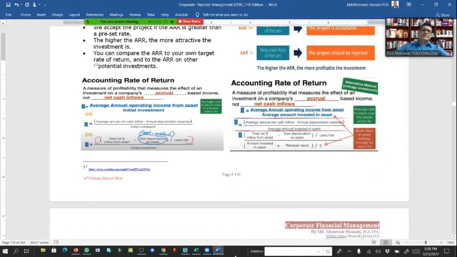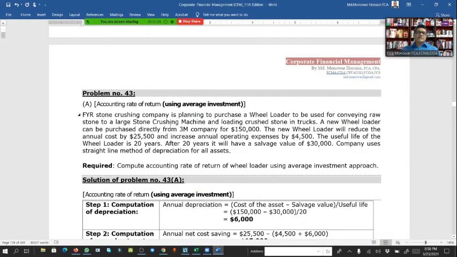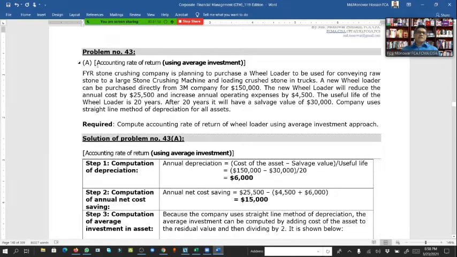ARR, very simple. And here we see different types of accounting rate of return math; we will discuss 1 or 2. One of the companies, a new wheel loader can be purchased directly from 3M company, cost of $150,000. The new loader's annual cost is $25,500.